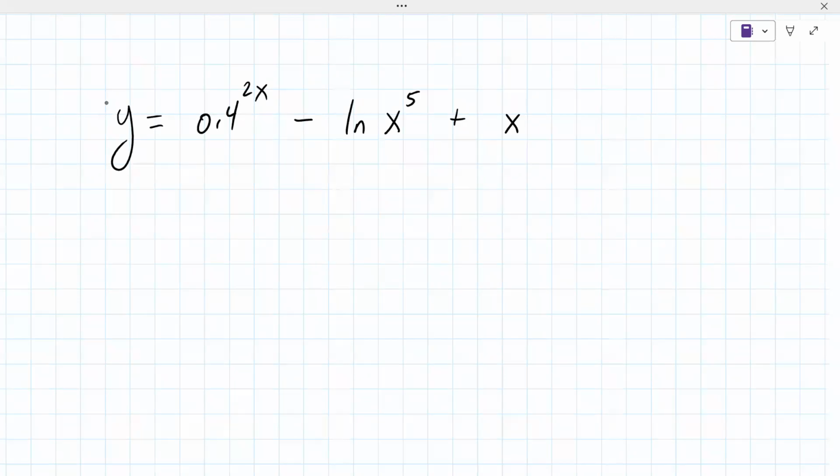Let's go y equals 0.4 to the 2x minus natural log of x to the fifth plus x to the 1.03 power. Okay.